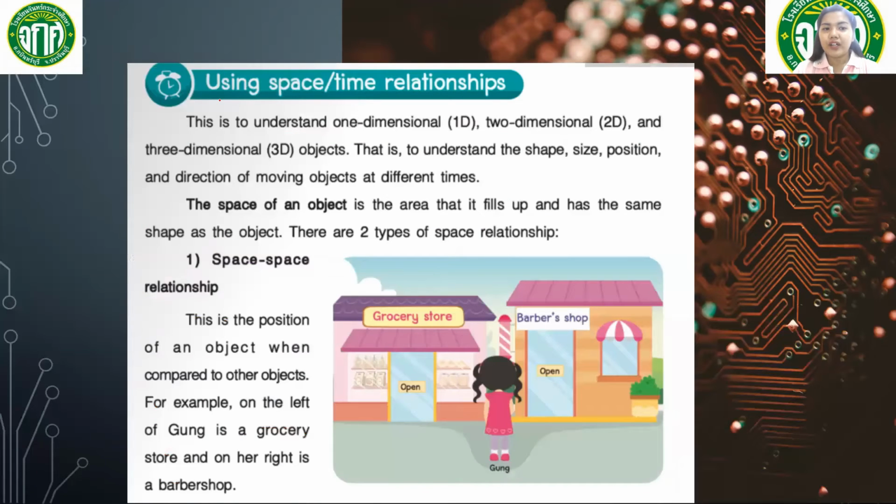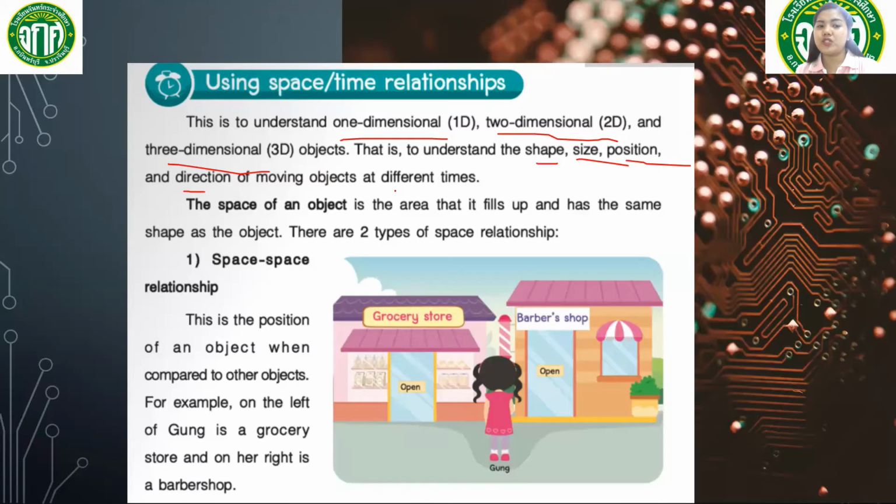How about using space-time relationship? Okay, so in here, this is to understand one-dimensional or 1D, two-dimensional or 2D, and three-dimensional or 3D objects. Okay, that is to understand the shape, size, position, and direction of moving objects at different times.